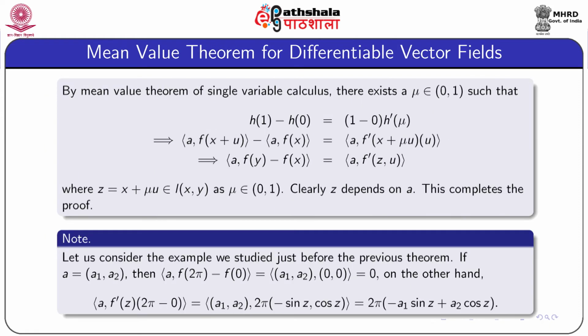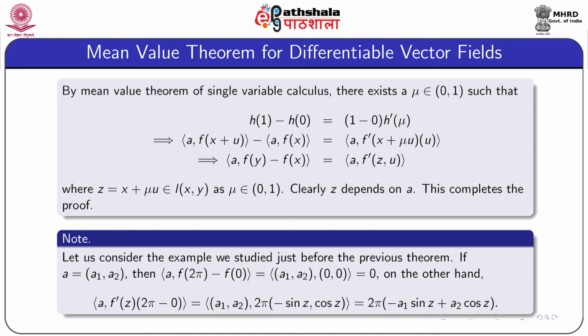By the mean value theorem of single variable calculus, we can find that h satisfies all the conditions. So, we can assure the existence of a mu lying between 0 and 1 such that we can express h(1) minus h(0) equal to (1 minus 0) times h' evaluated at mu. That is, the inner product of a with F(x plus u) minus the inner product of a with F(x) equals the inner product of a with the vector F'(x plus mu u) u.